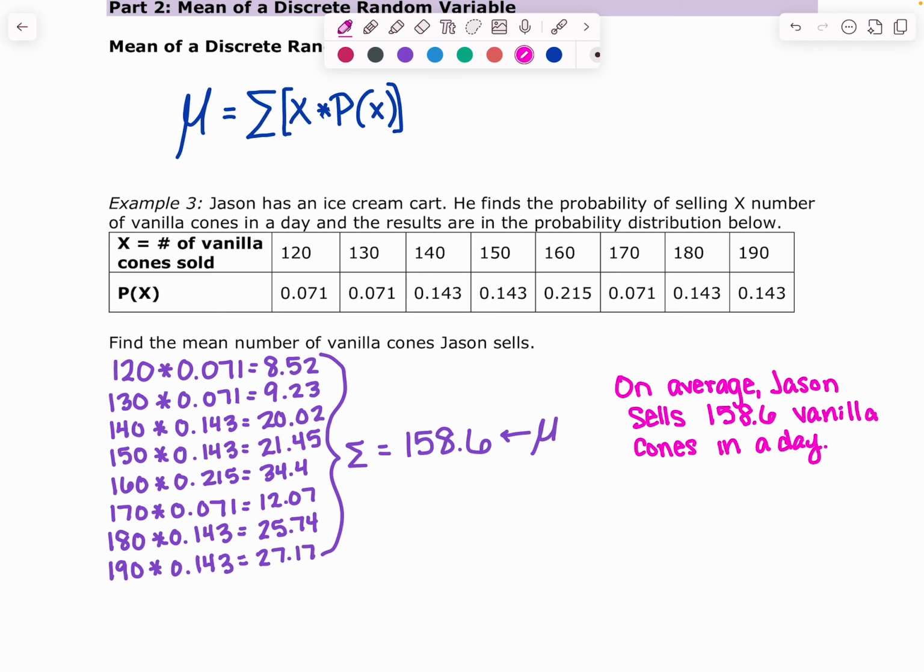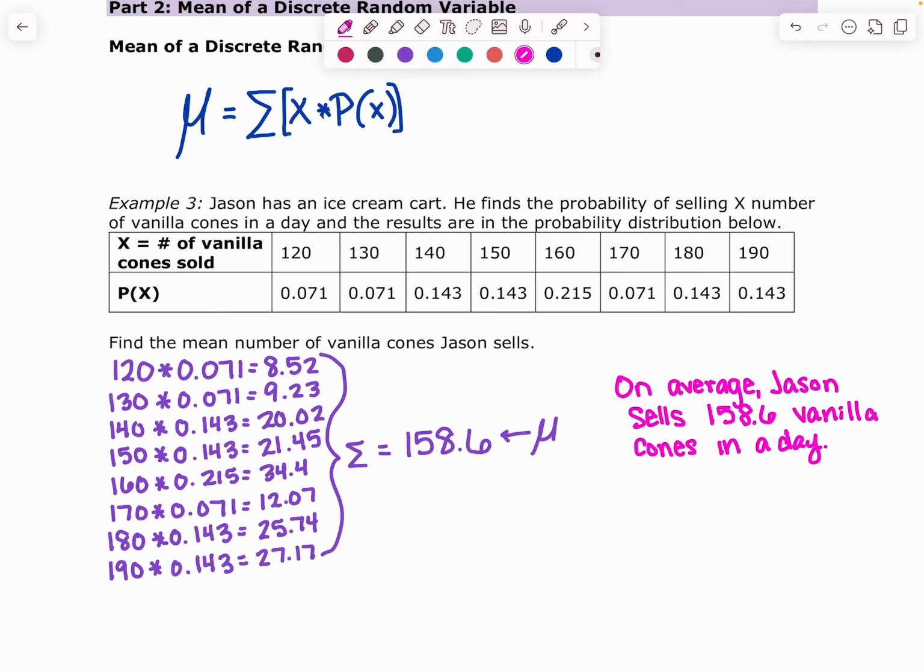Looking at the chart, we can also see that 160 has the highest probability for the number of vanilla cones he's going to sell in a day, 0.215. So if he keeps 160 cones in his ice cream cart, that'll be hitting about his average, and it also is hitting about what the highest chances are for his sales on a typical day. So not too bad.